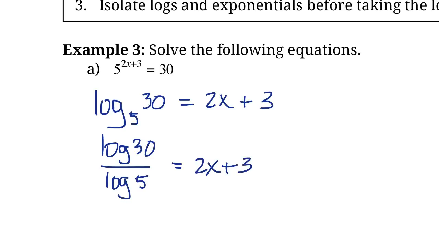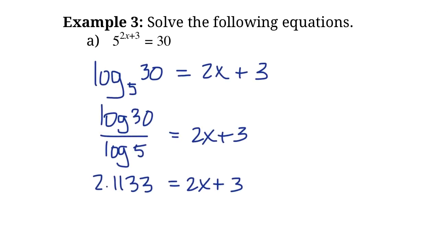We can do that log 30 over log 5 in our calculator, very easy, and that's going to give us 2.1133 equals 2x plus 3, and then we can just solve that equation by rearranging. So we're going to do that minus 3, and then we're going to divide by 2. So we end up getting x is equal to approximately negative 0.44.